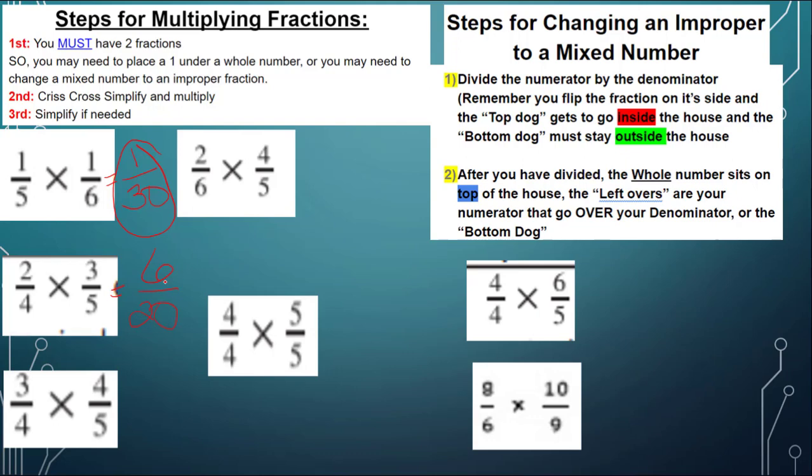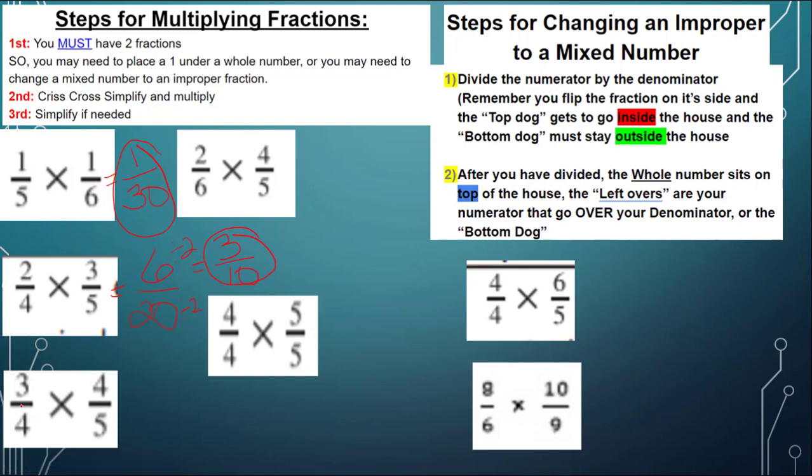So we're going to ask ourselves if these two numbers can be divided by the same thing, and they can. They can both be divided by 2. So whatever I do to the top, I have to do to the bottom. 6 divided by 2 equals 3. 20 divided by 2 equals 10. So our answer is 3/10.